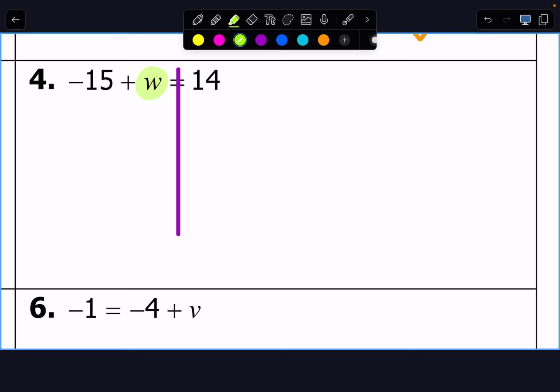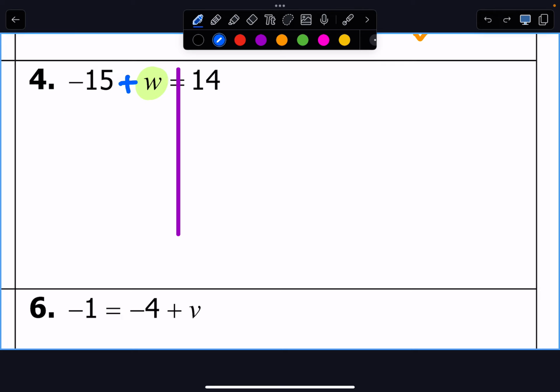What operation is happening? Okay, I hear addition and I hear negative. So I know that we see that this is a plus, which makes us think, ooh, I need to subtract 15. But tell me this, what's negative 15 minus 15? Negative 30. So that's not going to help us.